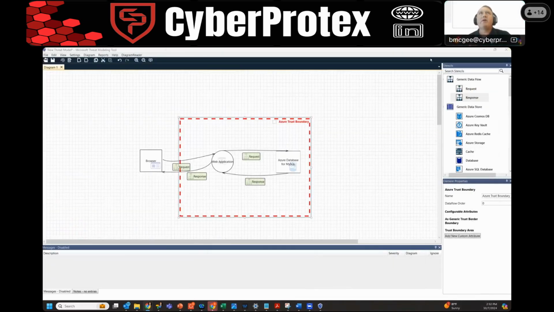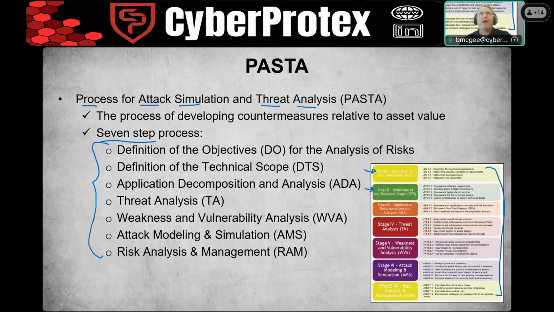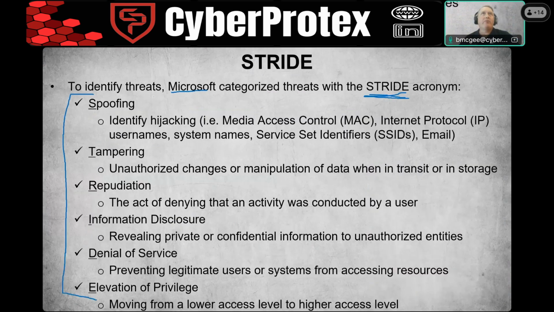So again, this is a free tool by Microsoft that you might want to take a look at using that STRIDE methodology: spoofing, tampering, repudiation, information disclosure, denial of service, elevation of privilege. I would say you will have one question either on STRIDE or PASTA, so keep that in mind.